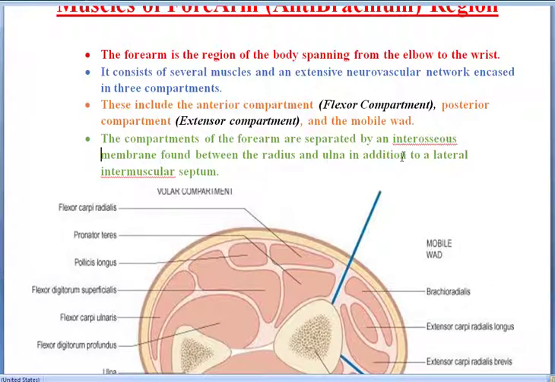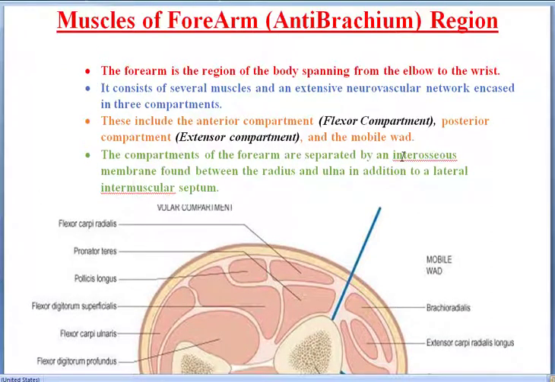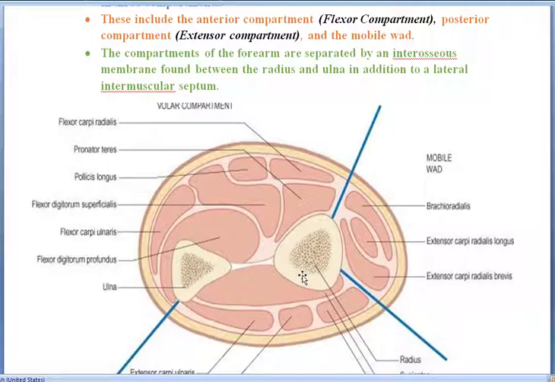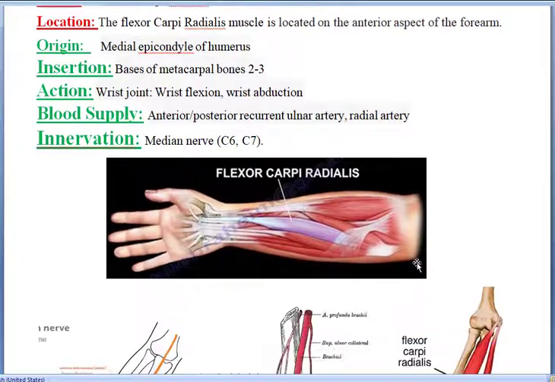In today's lecture we are starting a new series, the muscles of the forearm, also known as the antebrachium. Some important points about the forearm: the forearm is a region of the body spanning from the elbow to the wrist.